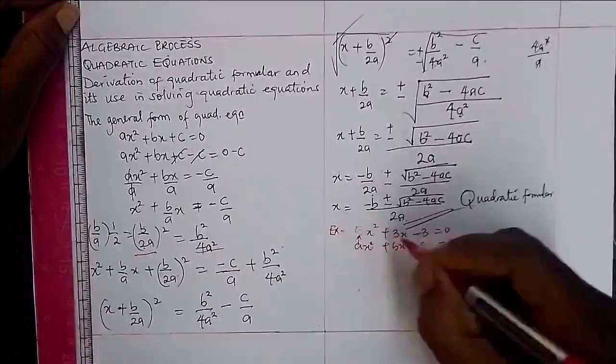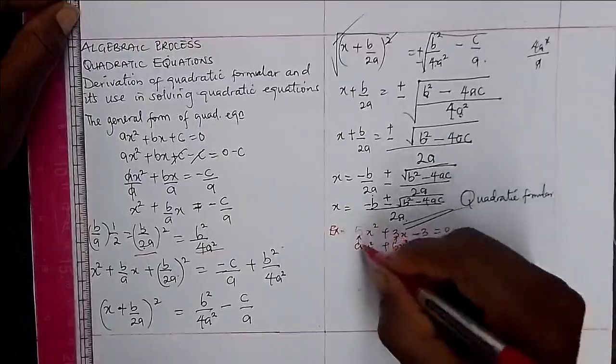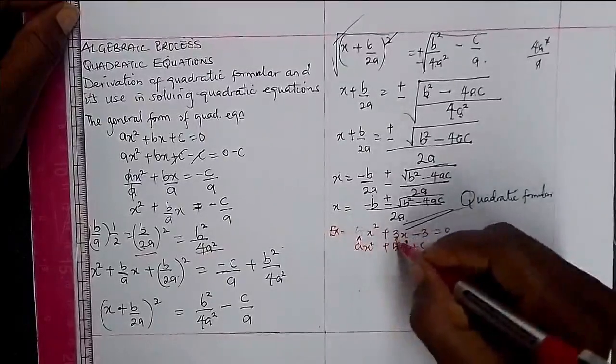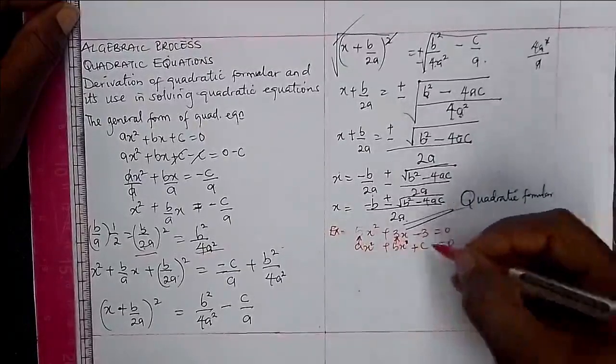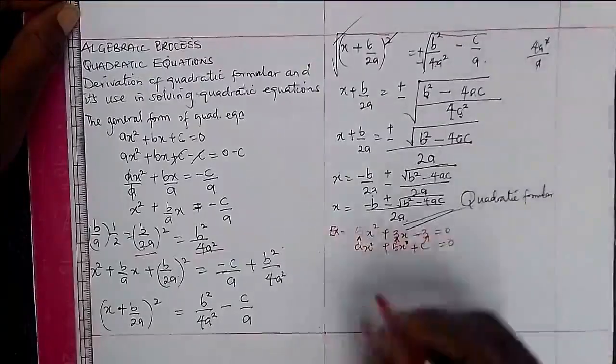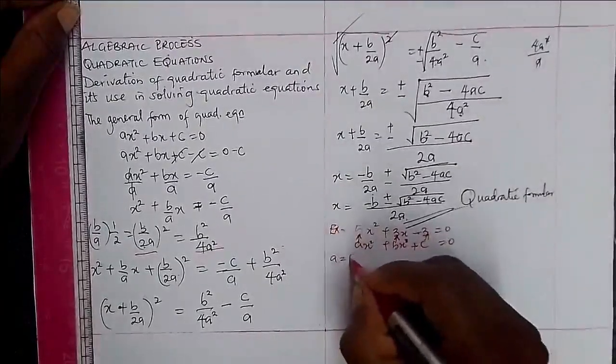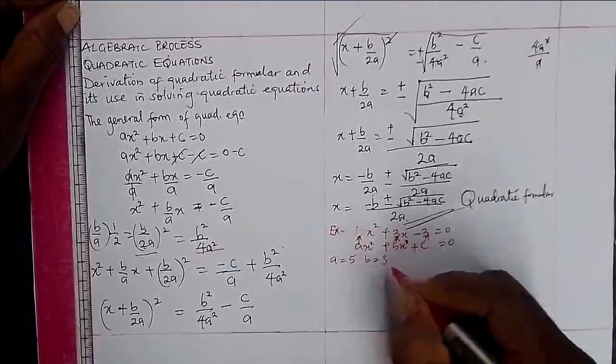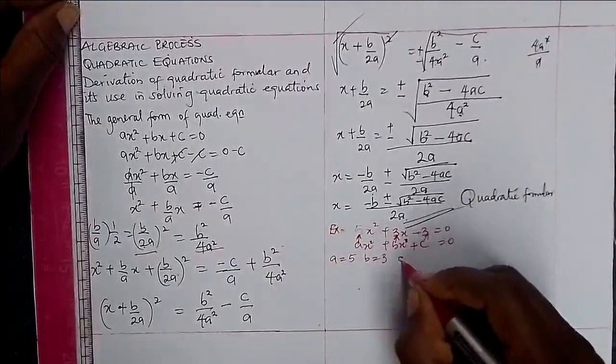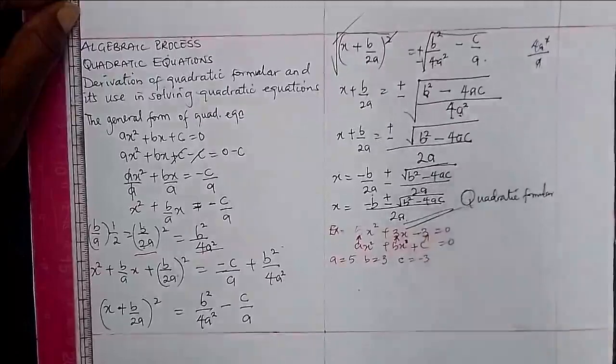Coefficient of x squared here is 5. Coefficient of b is 3. And then the constant is minus 3. So a is equal to 5. B is equal to 3. And our constant c is equal to minus 3.